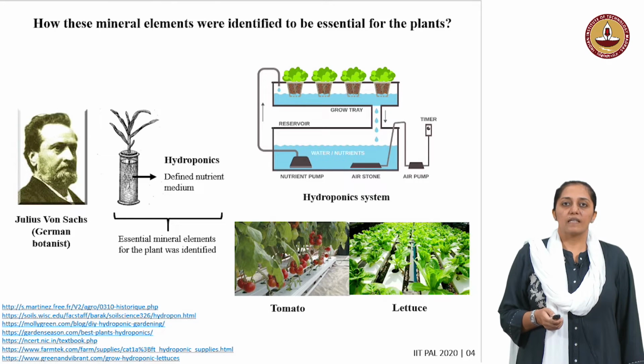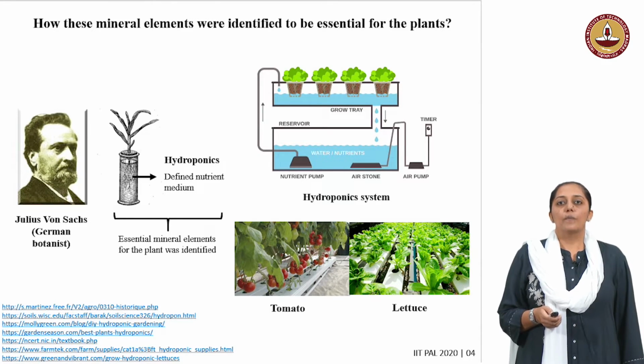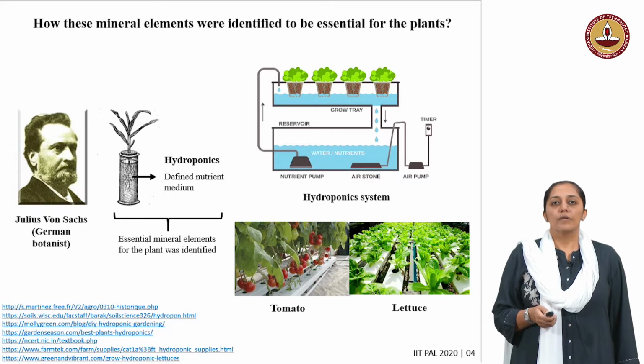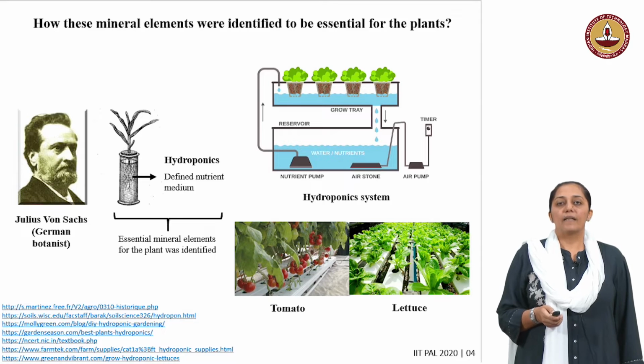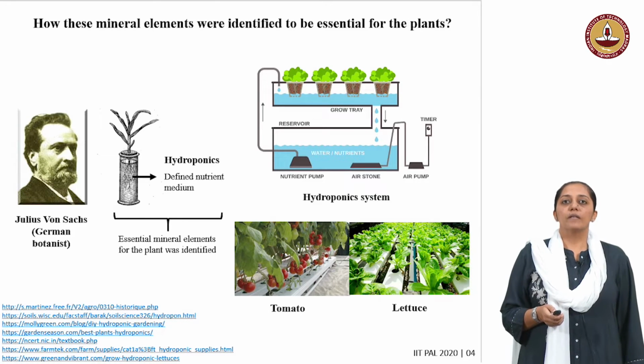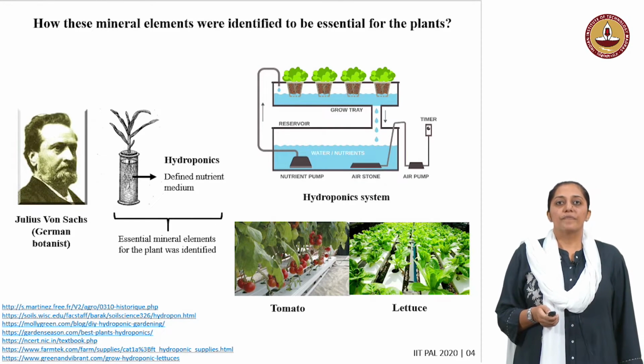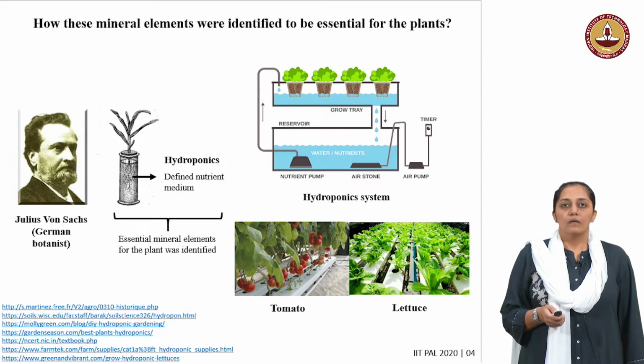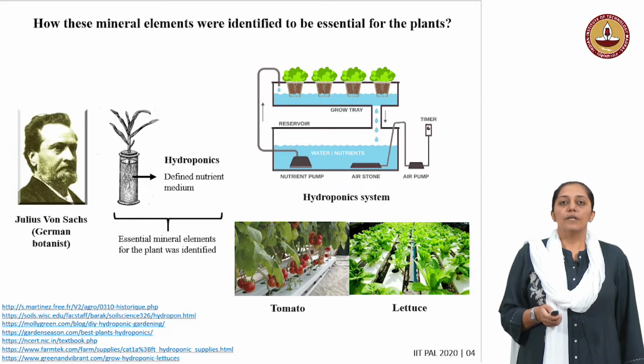If you see the picture on the slide, you can see how tomatoes and lettuce are being grown using hydroponic cultures, and the schematic shown on the slide shows the arrangement of the stacks in which the plants are potted, such that the roots are exposed to the nutrient solution, and the nutrient solution is recirculated to all these stacks of plants using a pump, and the solution in turn is aerated to make oxygen available to the plants.